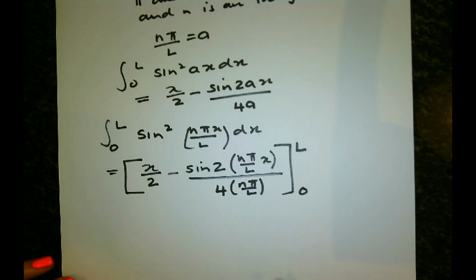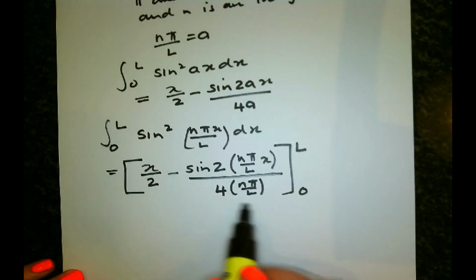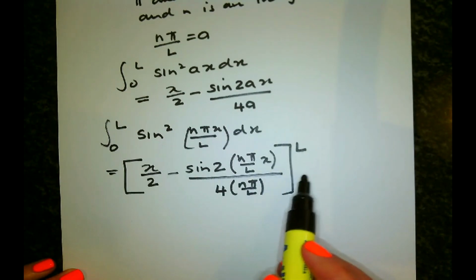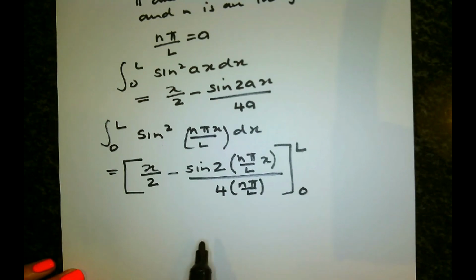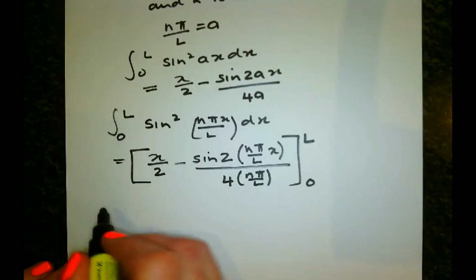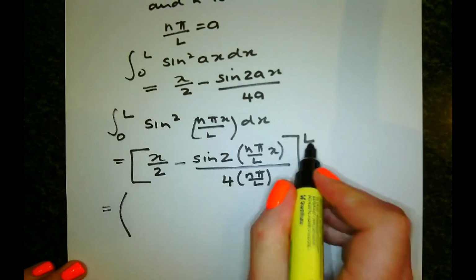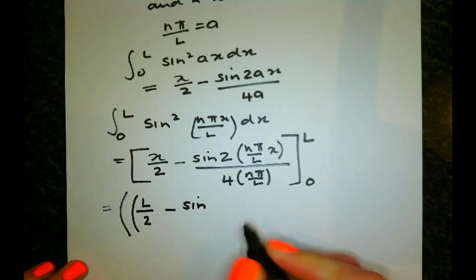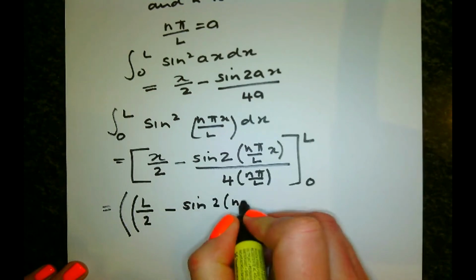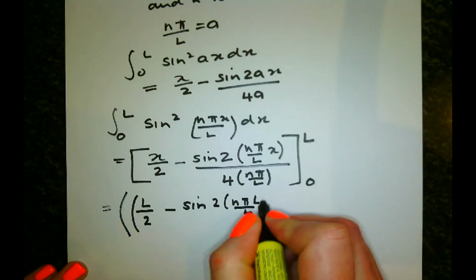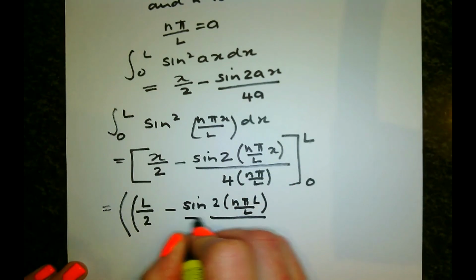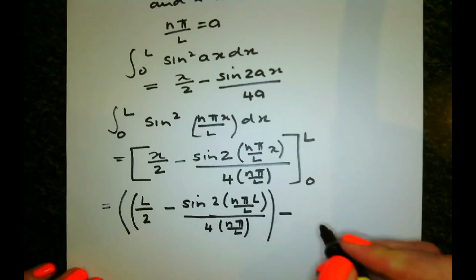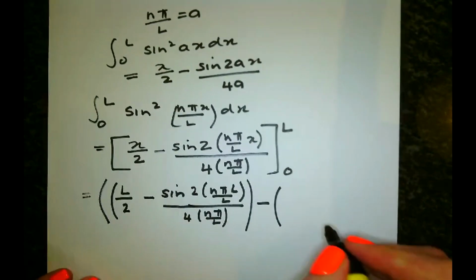So all that we need to do is, for this quite hairy term, first replace x with L, and then subtract from that the term where we have replaced x with 0. So let's do that. Firstly, replace x with L. L over L. Minus, then we replace x with 0.